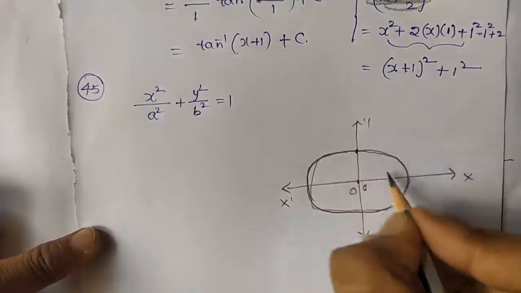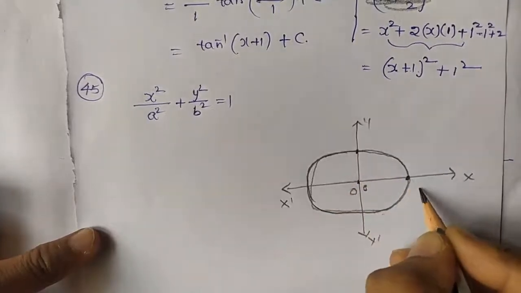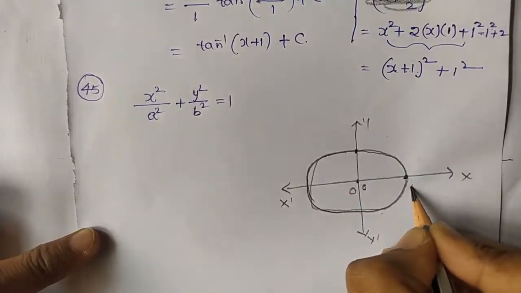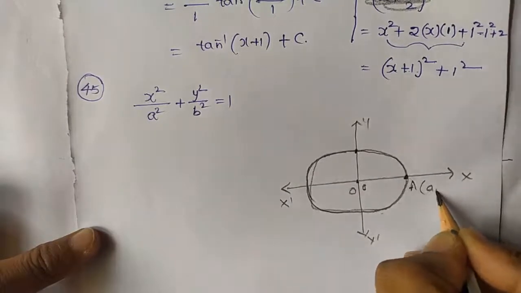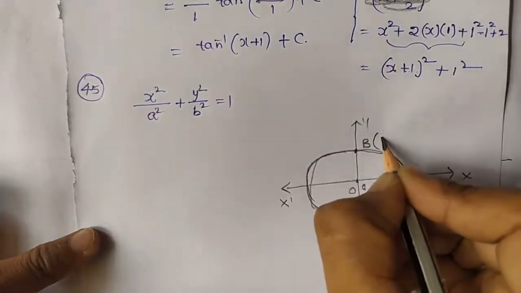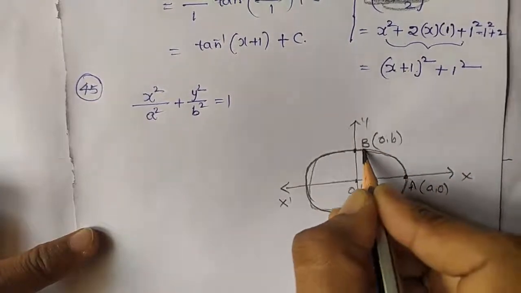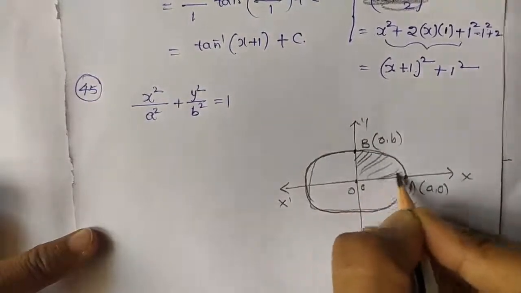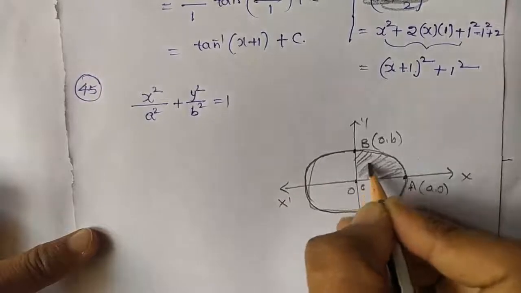Since the concept of ellipse we have studied in our first PU, the vertices are a comma 0 and 0 comma b. We have to find the area of the ellipse by using the method of integration.